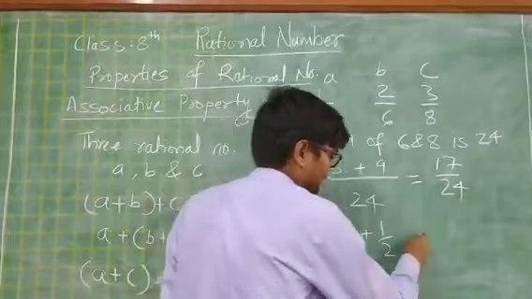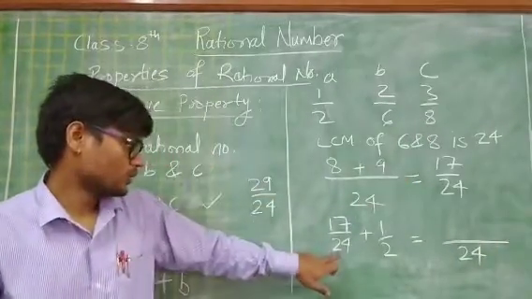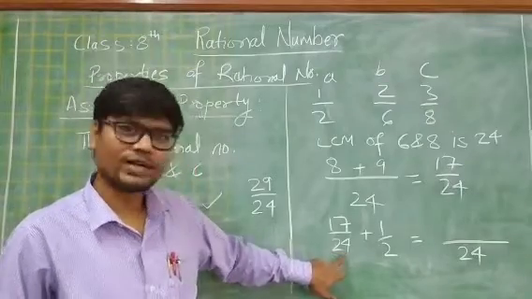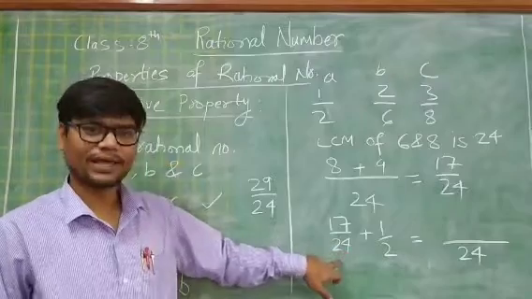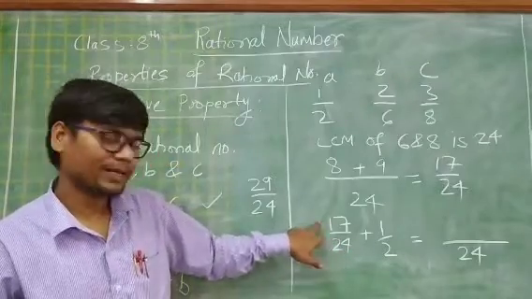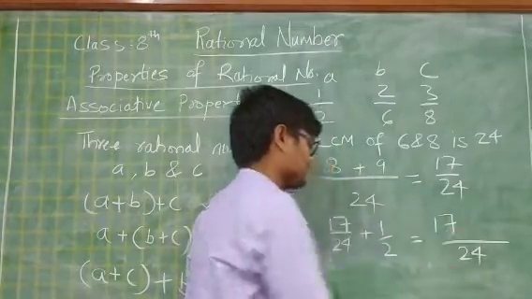So the denominator is 24. So we have to multiply 24 with 1 to get 24. Since we are multiplying 24 with 1, we should multiply 17 with 1. So 17 into 1 is 17.